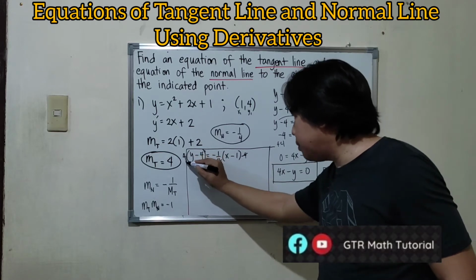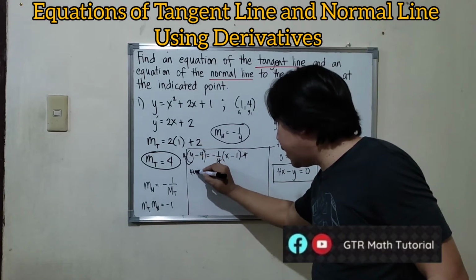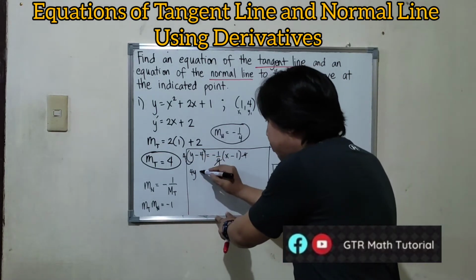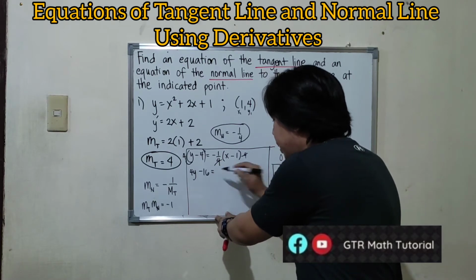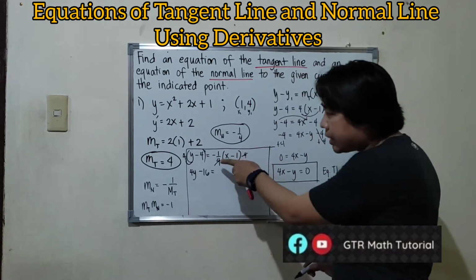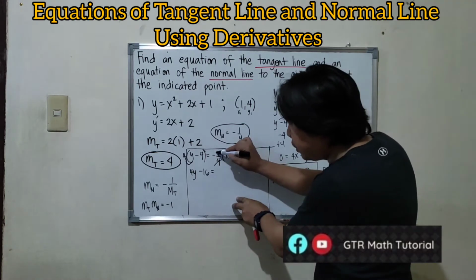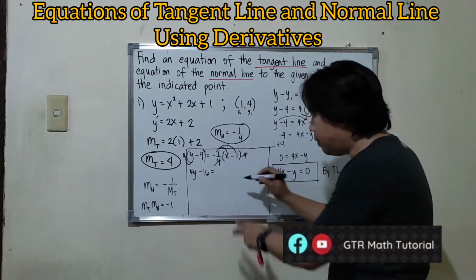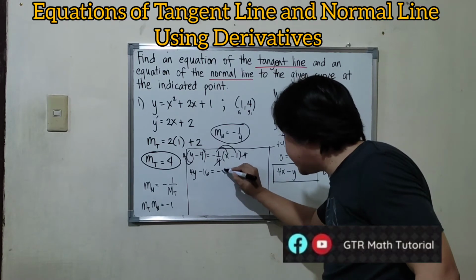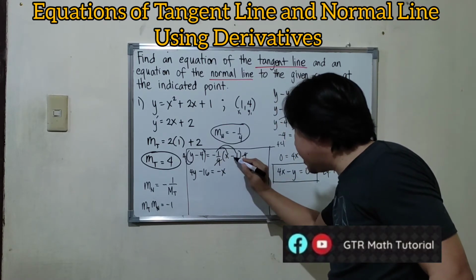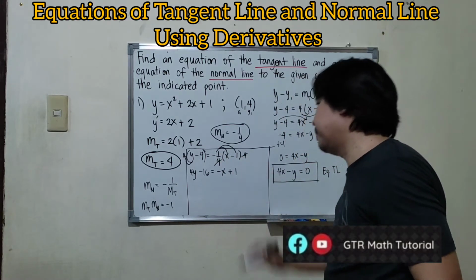We have 4 times y, 4y, 4 times negative 4, negative 16, equals negative 1 times x minus 1. Distribute negative 1 to x and negative 1. So we have negative x, then negative 1 times negative 1, that is positive 1.